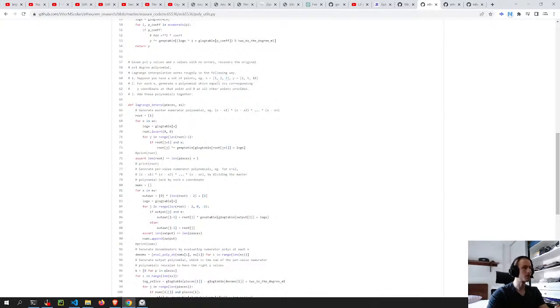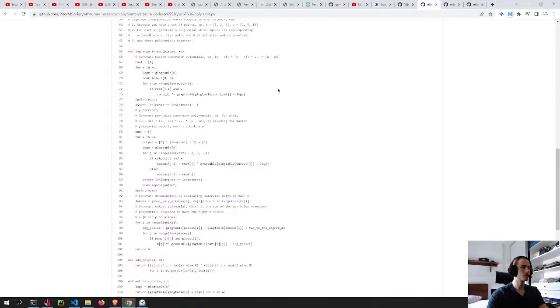A set of points, so... Yeah, I don't understand what it means. It has to be 0 at all other points provided. Like how... I don't understand what that means.